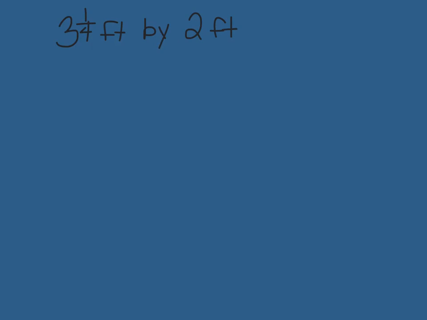I want you to try this one on your own. So if you have a rectangle that's 3¼ feet by 2 feet, what would the area be? So pause the video and figure it out, and then come back and check your work against mine. Okay, so I'm going to be multiplying 3¼ times 2. So then I turn this into my improper fraction.